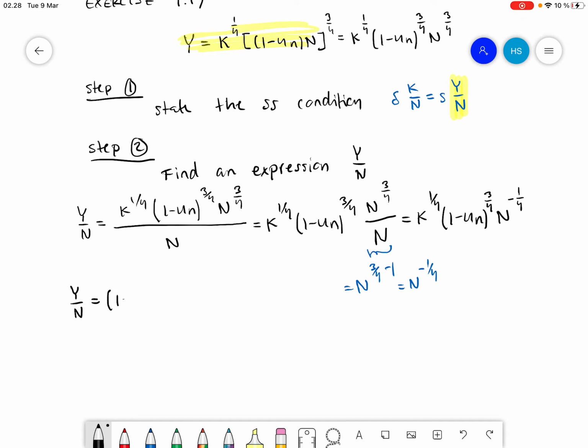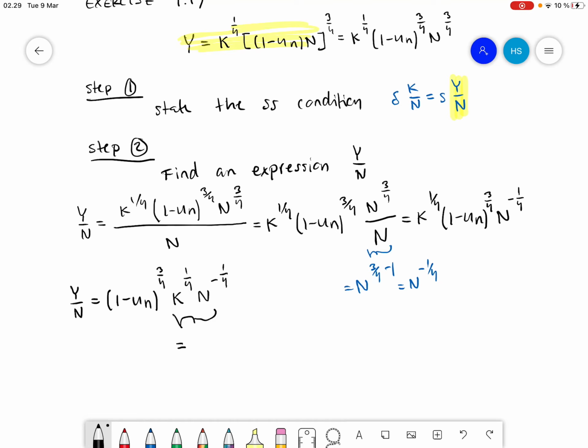This is the same as (1 minus the natural rate of unemployment) to the power of 3/4 times K to the power of 1/4 times N to the power of minus 1/4.